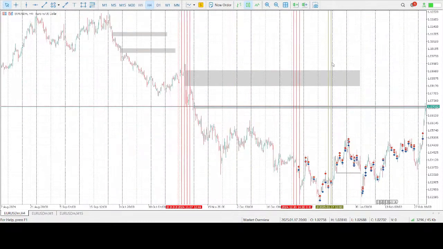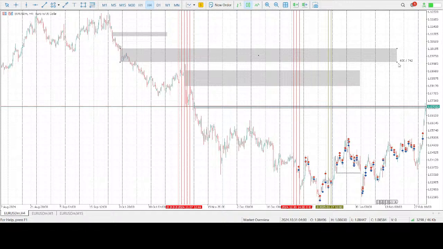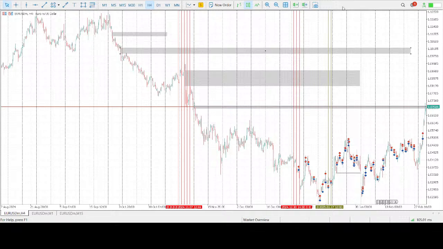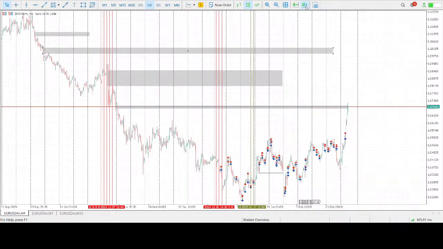That's the next one we would want to get a reaction from. I'll try to adjust this so I can have this clearly demarcated. There is that, and then there is this point about here. So for today, I would want price to reach out at least for this, but we want to see how much of a reaction it's having here.